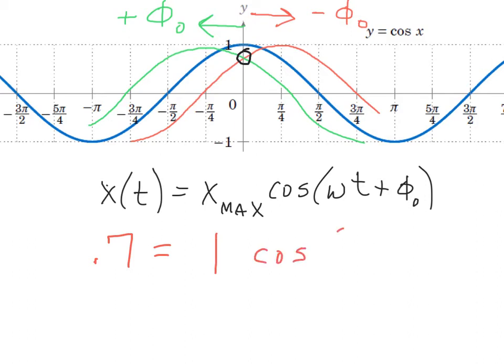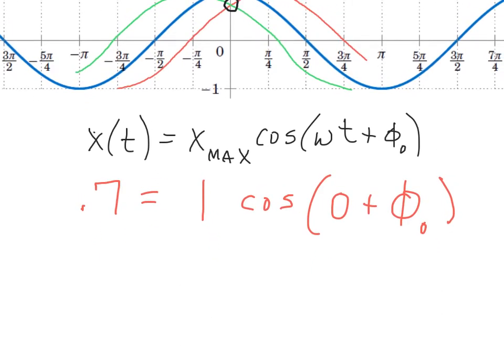So that's the cosine of 0 plus our phase constant. Of course, I don't really need the 0 in there. So if I just do a little bit of algebra, I would say 0.7 is equal to the cosine of the phase constant I'm looking for.